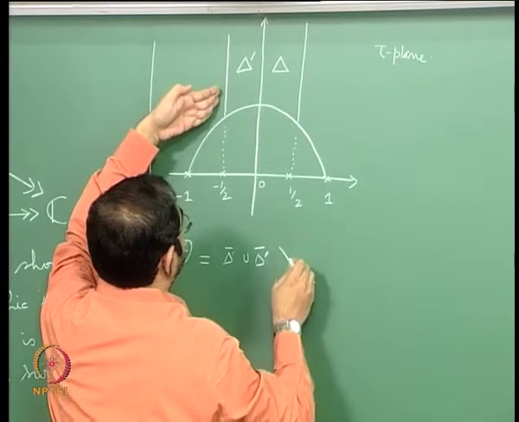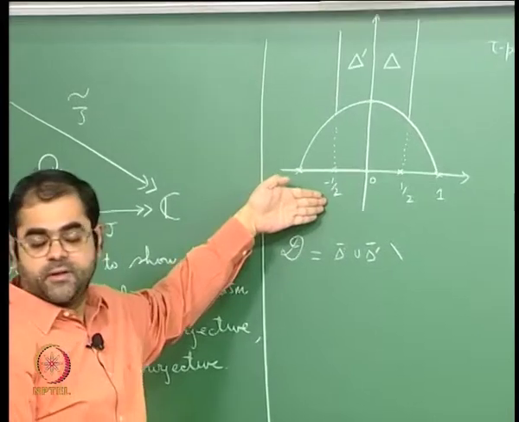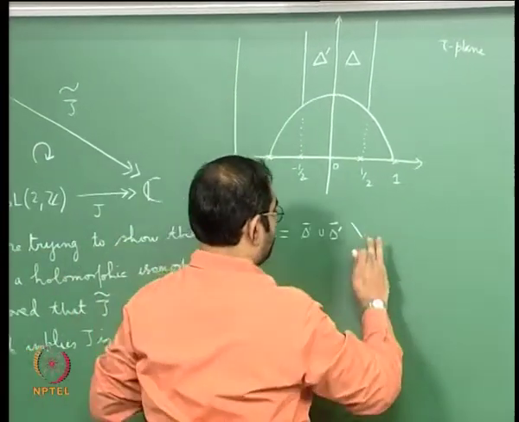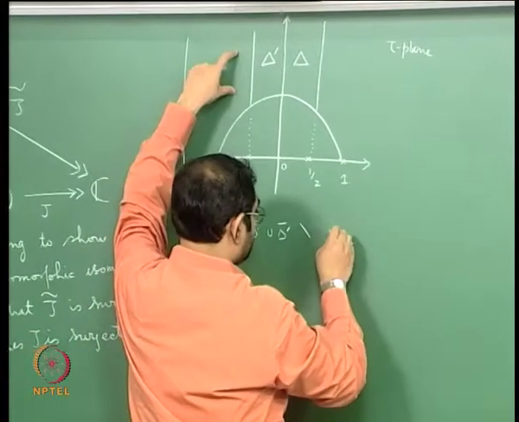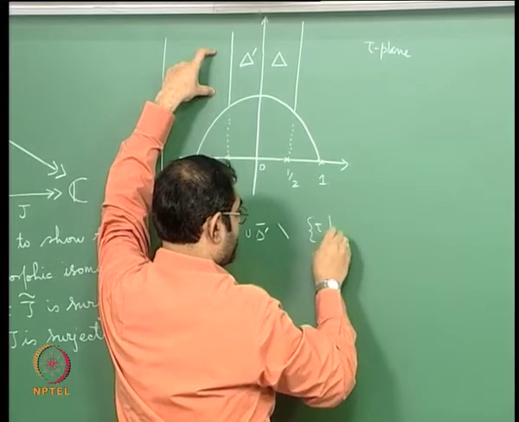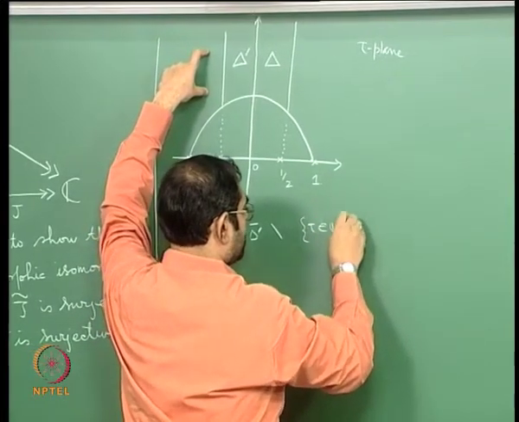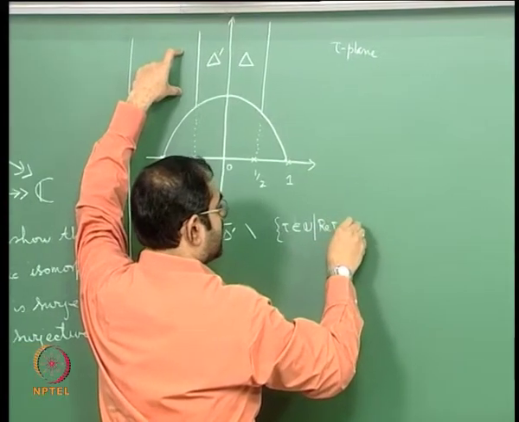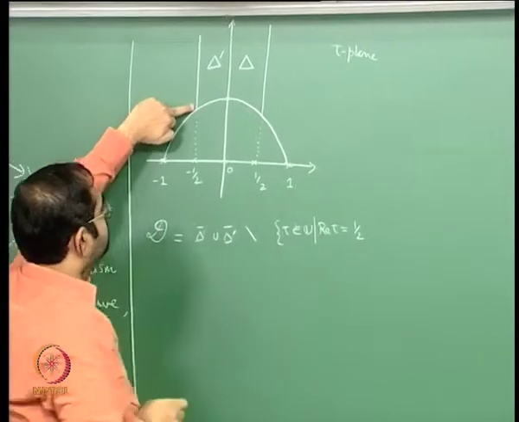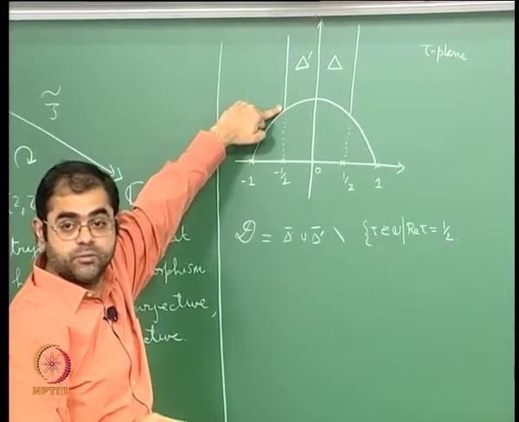the line, which is the set of all tau such that the real part of tau is half, okay. So what you do is you take out the set of all tau in U such that the real part of tau is half, and of course the imaginary part of tau is greater than or equal to root 3 by 2, okay.